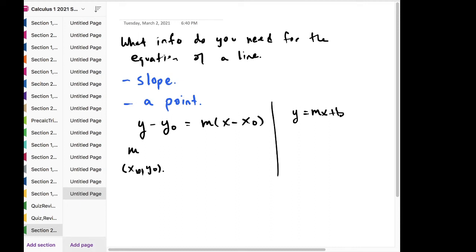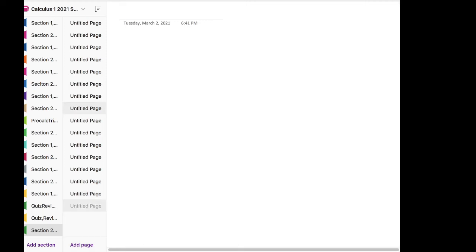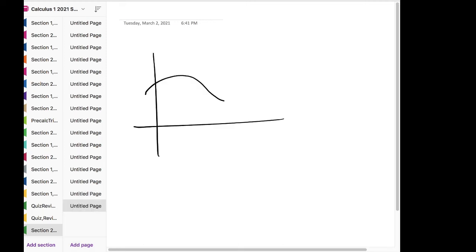Okay, so what are these things? So if this is A, this is f of A. Here's the tangent line. You tell me, what is the equation of a tangent line?